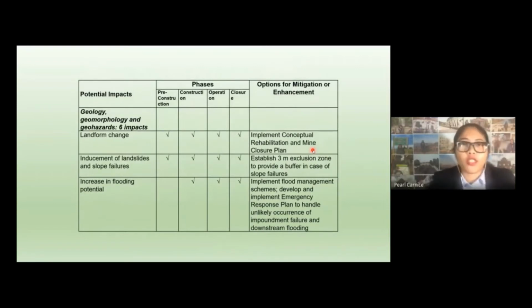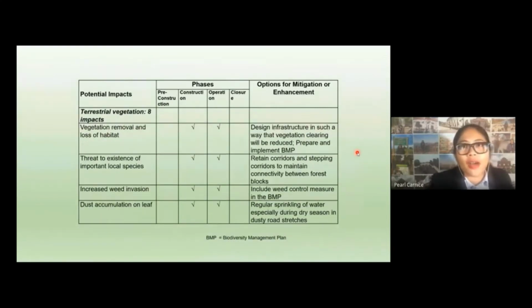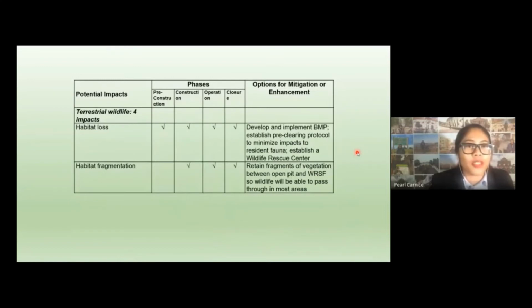Potential impacts with geology, geomorphology, and geohazards. They also classified those, and they also have a specific mitigation or enhancement. The same with tailing waste and rock waste. Also with terrestrial vegetation, they identified 8 impacts, and of course they also have a corresponding mitigation or enhancement activity to minimize that specific impact.